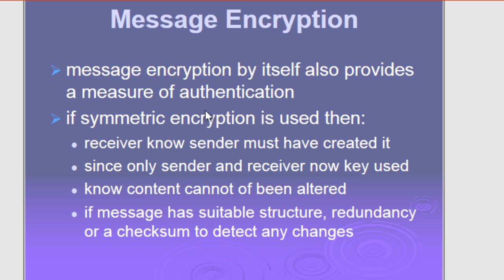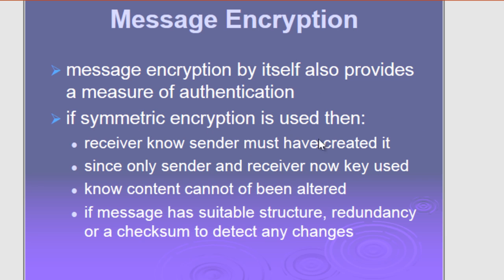In the sense, in private key encryption, sender and receiver both use the same key. So if the receiver receives any message, he confirms that the message is from the respected sender only, because this key is known only to that person. So the authentication is implicit in the private key encryption.